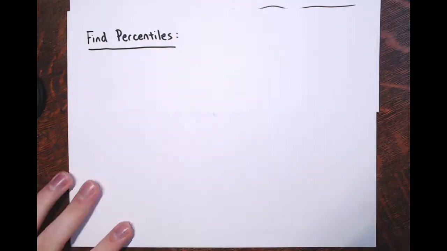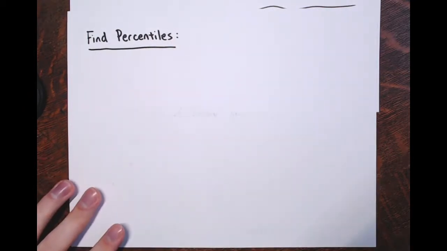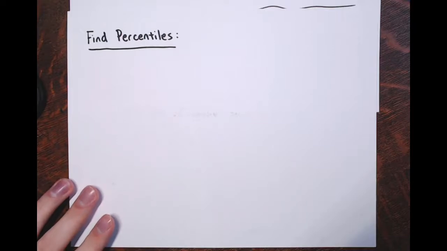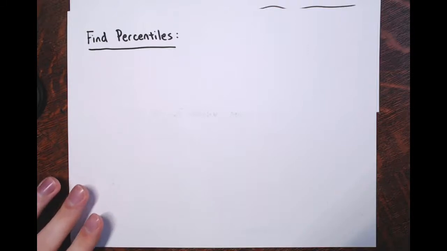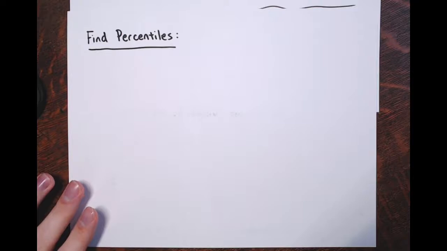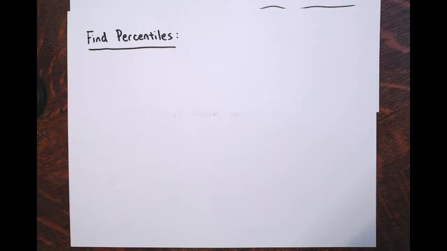Now, you might have heard the word percentile before. When you take a standardized test, when somebody says that you scored in the 75th percentile, that just means your score was better than or as good as 75% of the students who took that test.